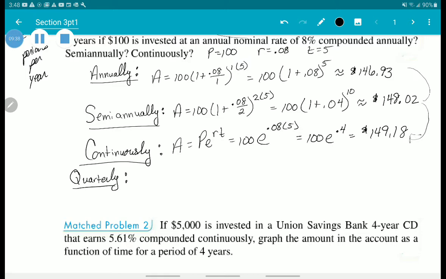Quarterly would be 4 times a year. So we're going to be at 148.59.